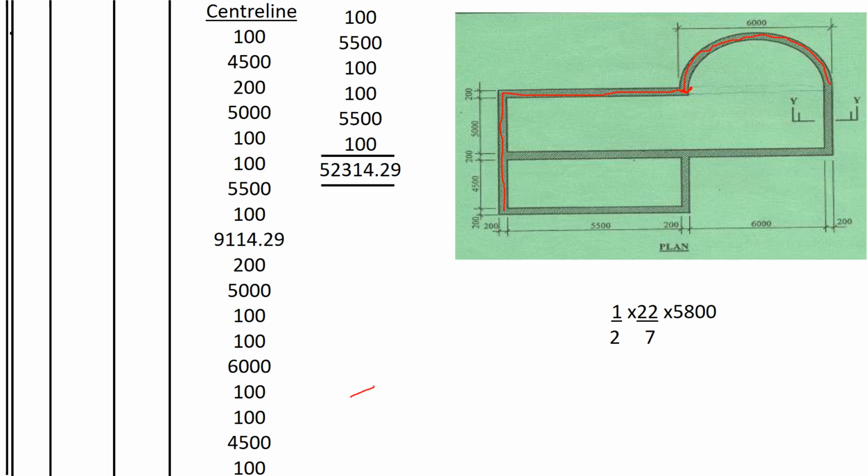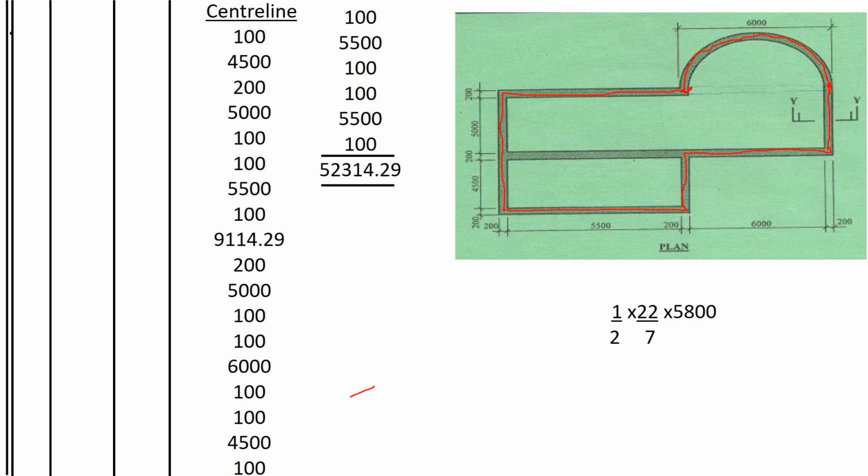Then we add from here down here, it's 200. Then up to here 5000. Then 100, then 6000, then 100, 4500, 100, 5500 plus 100.